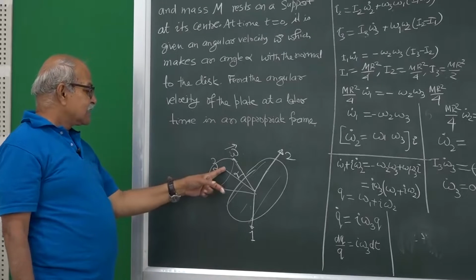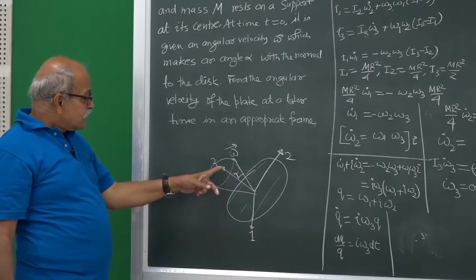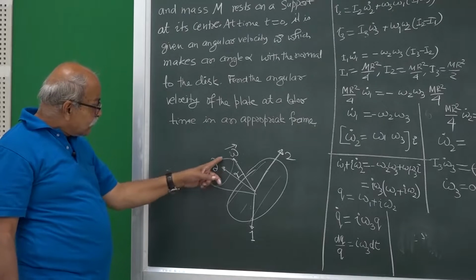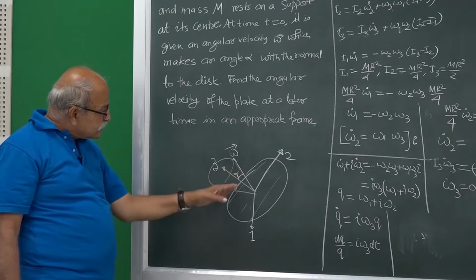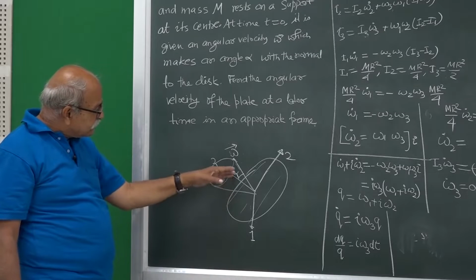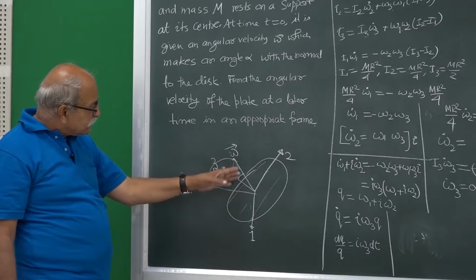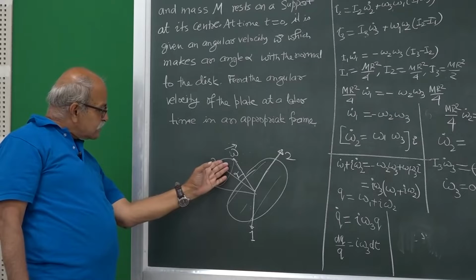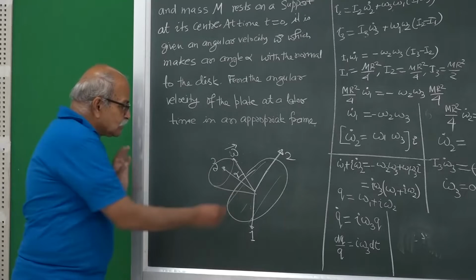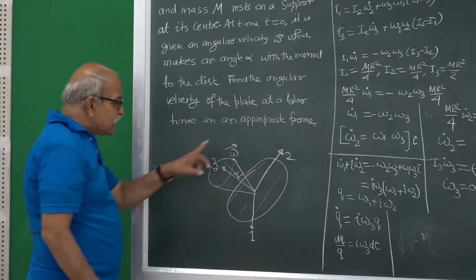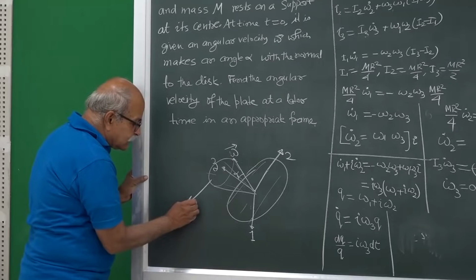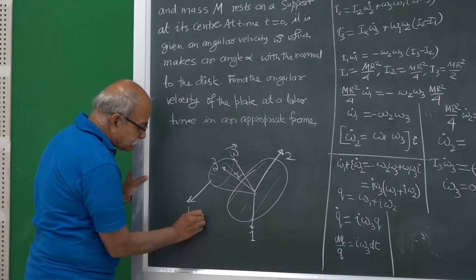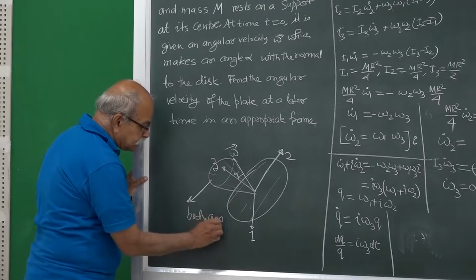So, this is the 3 axis fixed in our body, and in that frame this omega has to move this way, the axis of rotation has to change this way. The body is rotating about this, then about this, then about this. So, these vectors are changing with time, and this cone is known as the body cone.